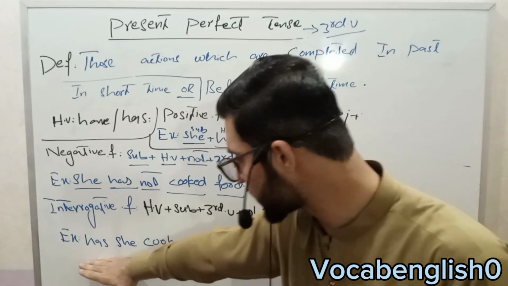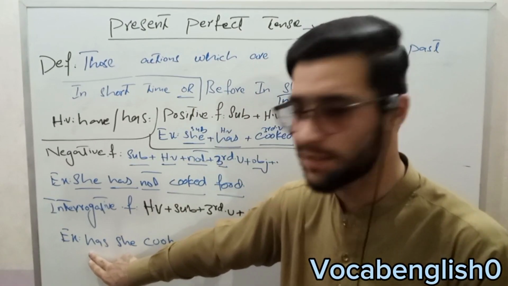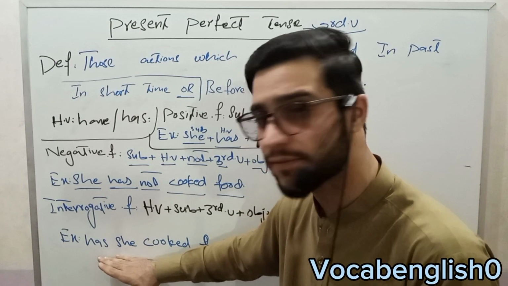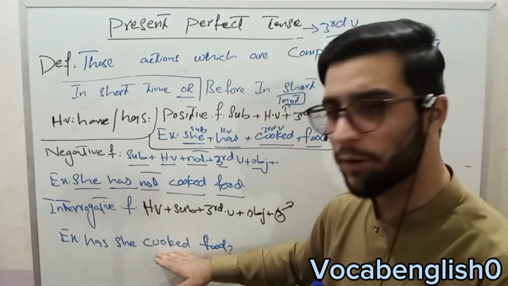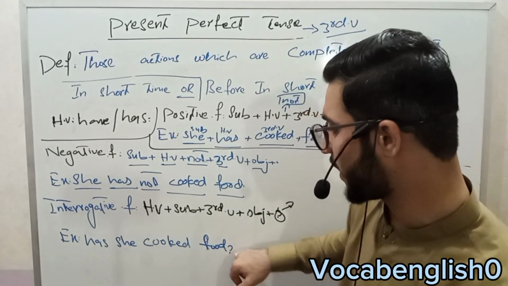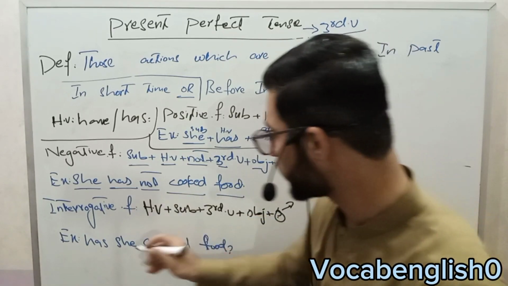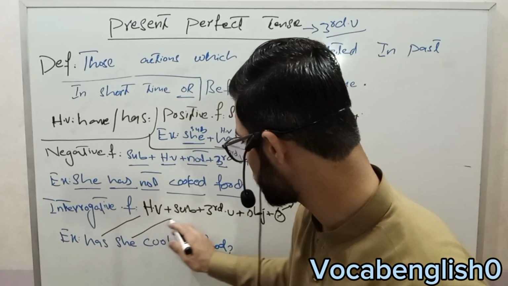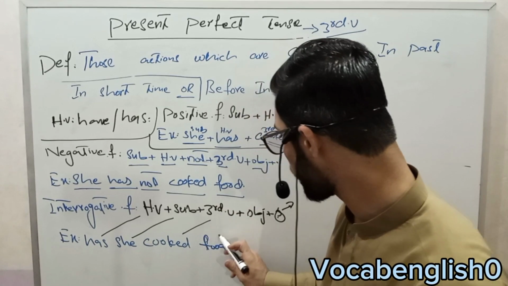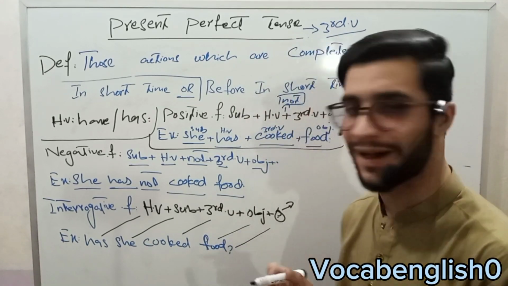So this is the interrogative example. Here the helping verb will come first, then the subject after that, then the third form of verb, then the object, then the question mark. Look here: helping verb, subject plus third form of verb plus object plus question mark.